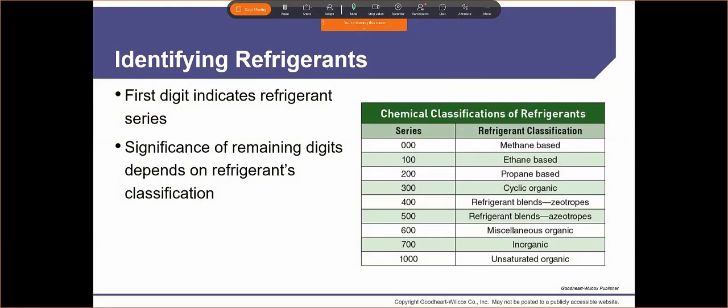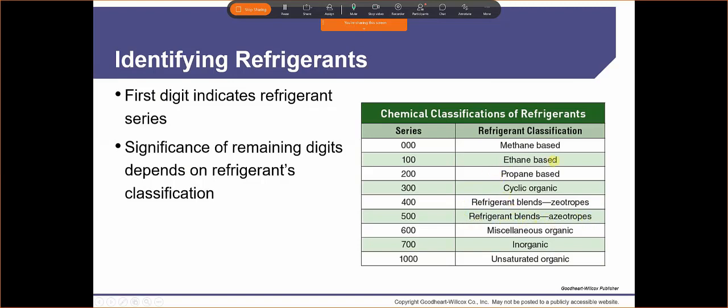All right. So how do we identify refrigerants? The first digit indicates the refrigerant series. The significance of the remaining digits depends on the refrigerant's classification. So if we're talking about an R410, it's a refrigerant blend. That's a zeotrope. If we get into the 500 series, now we've got refrigerant blends which are azeotropes.